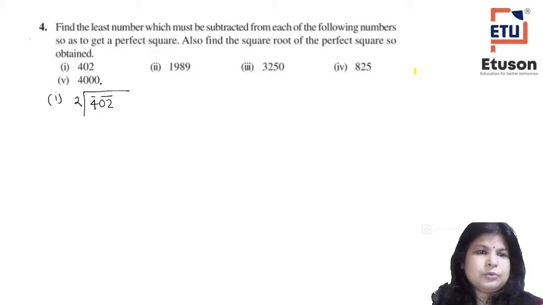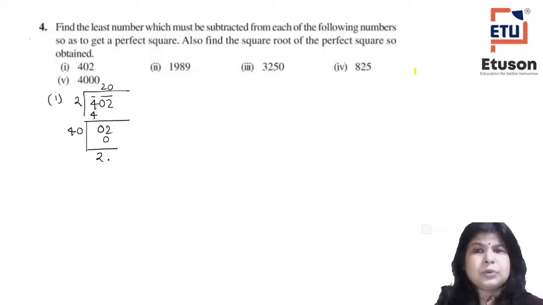Then 2 square 4, remainder is 2. 2 into 2, 4. You can take only 0, 0, and the remainder is 2. So this 2 has to be subtracted from 402 to make it a perfect square.